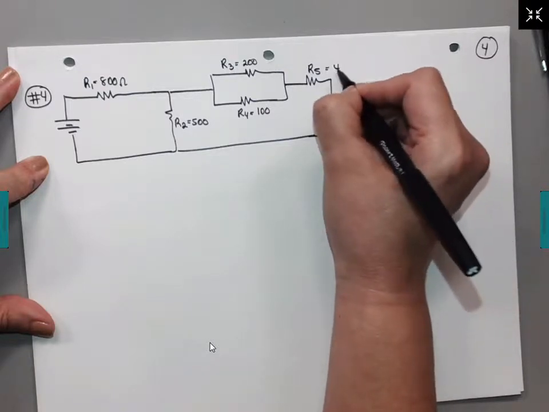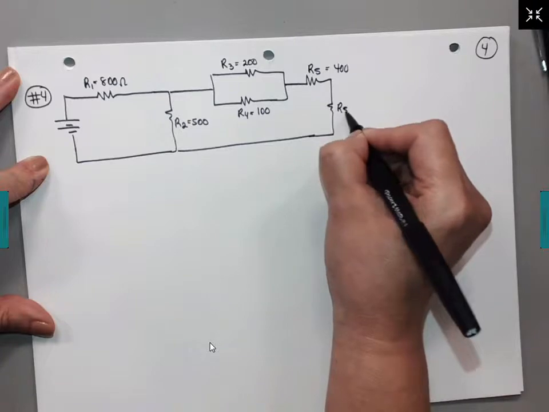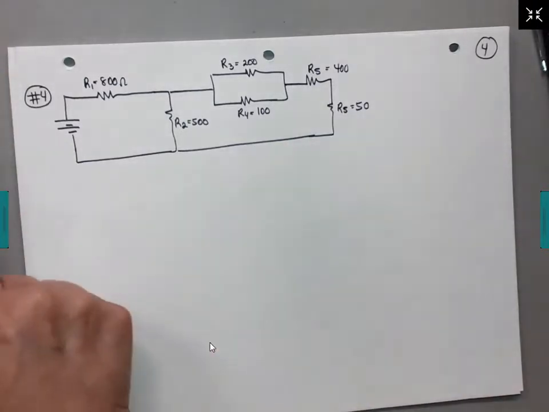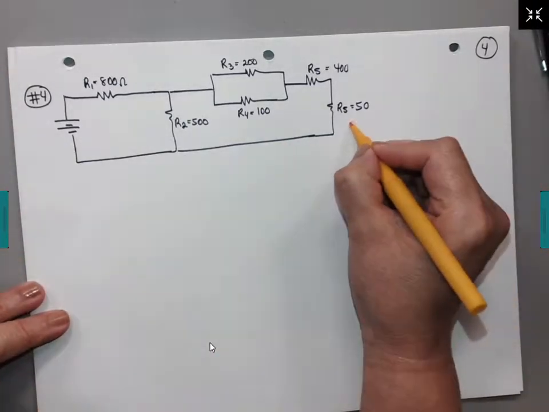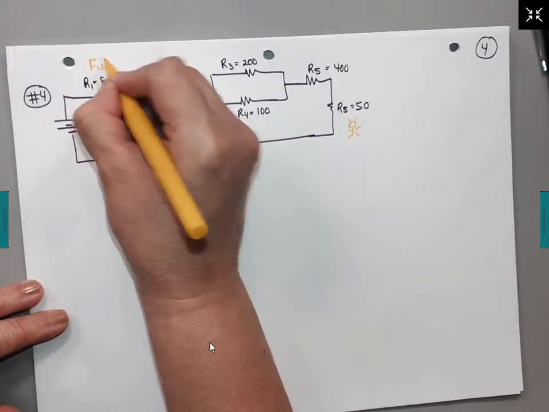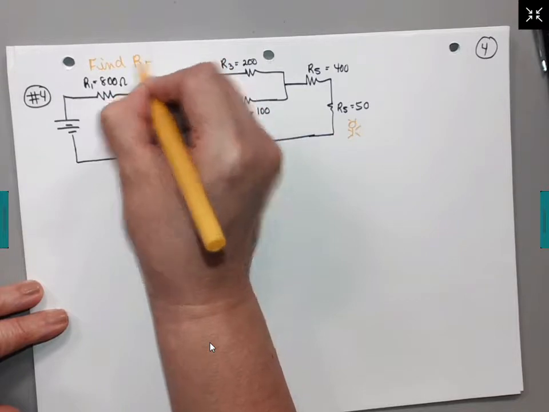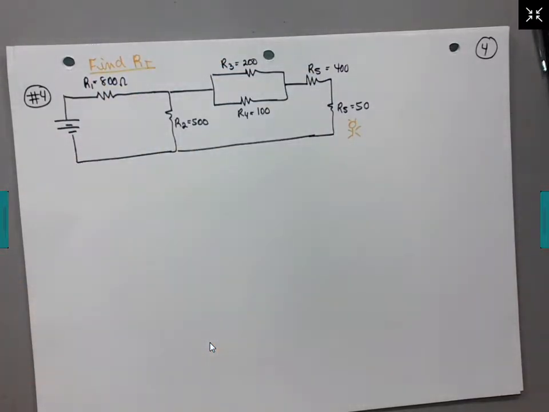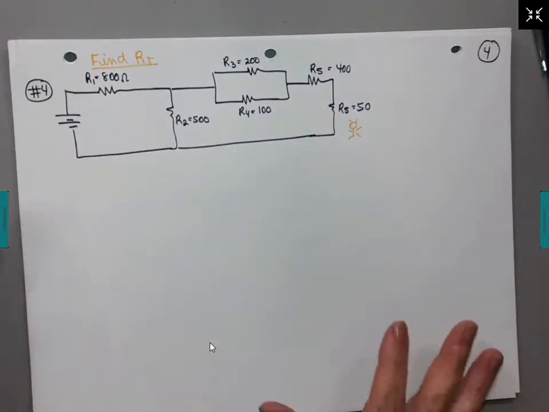Yeah, 400. And R6 is 50. Think about what the little guy can see. We're going to find RT. That's all we're looking for. Don't start with R1. R1 should be your last problem right now.